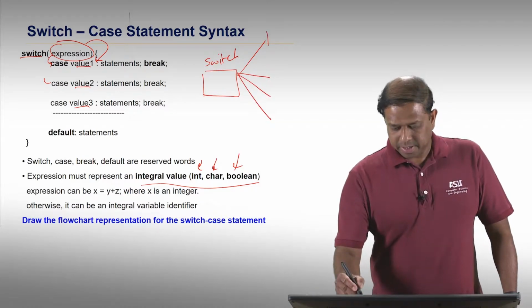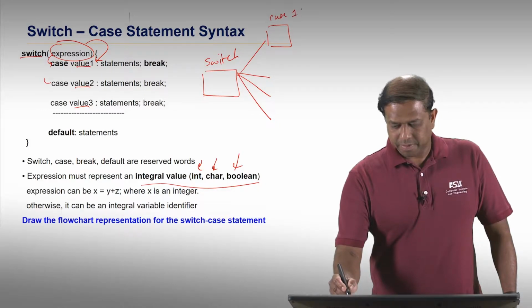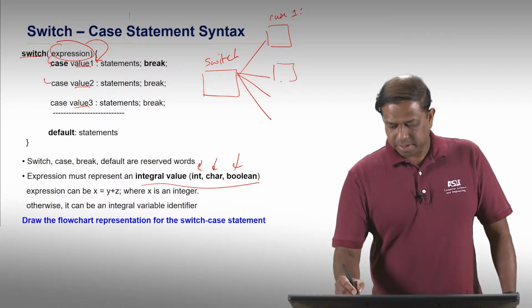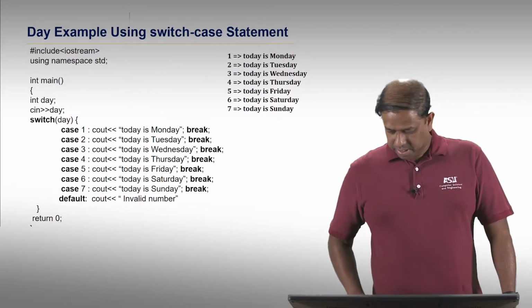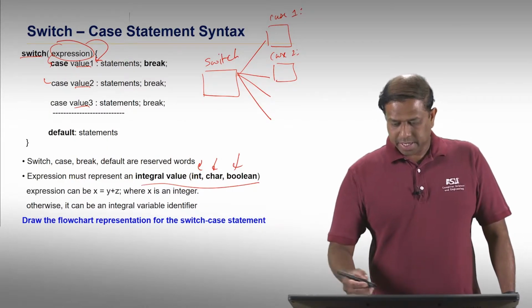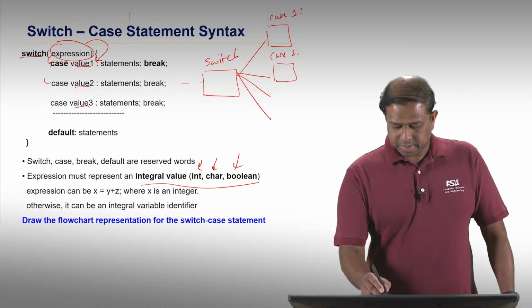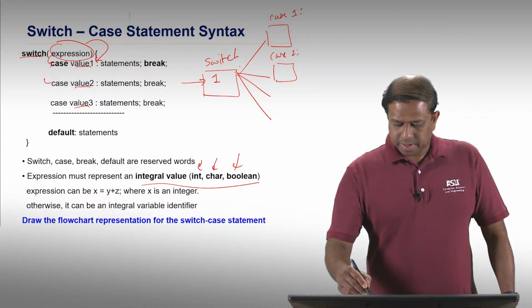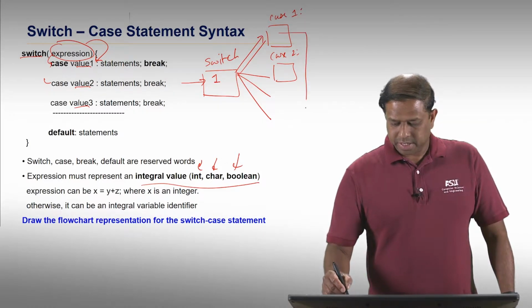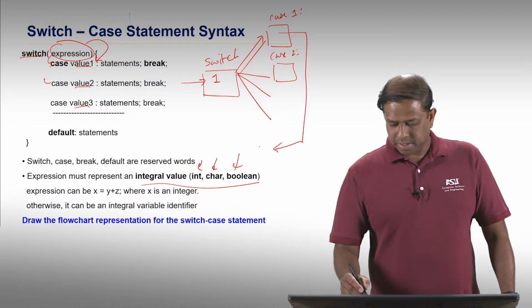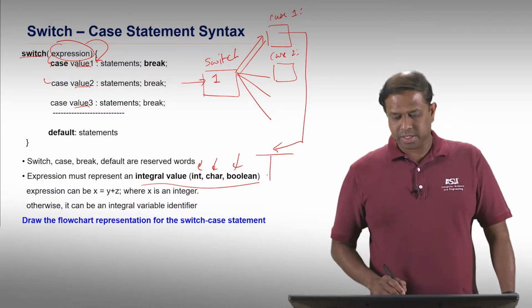So let's say this is case value 1, and then this might be case value 2. Once you're getting into these cases, based on the value that we entered here, like let's say 1, we go into the appropriate case and execute this case, and then get out from the switch case statement and start executing the rest of the statements in the program.